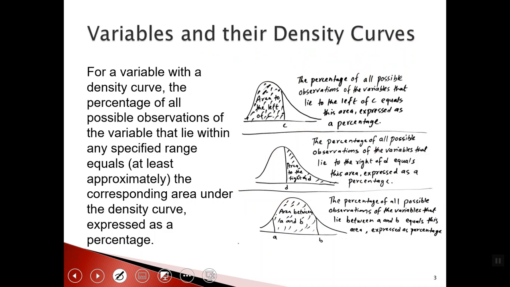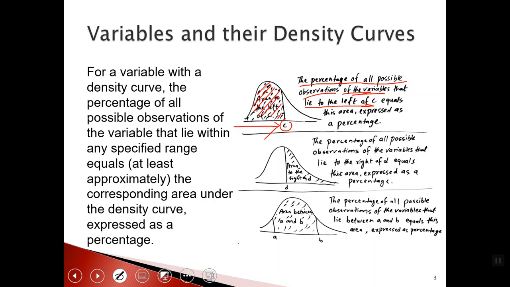Let's consider some kind of density curve, like a normal curve. You have learned that if I consider the area from the left side to this point C, we can calculate this area which I colored in red, which means the percentage of all possible observations of the variable that lie to the left of C, the area from the left to this point.